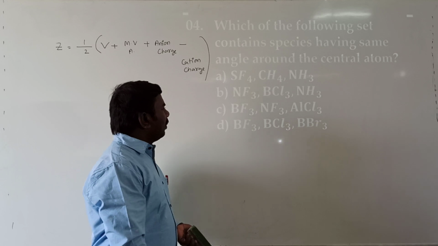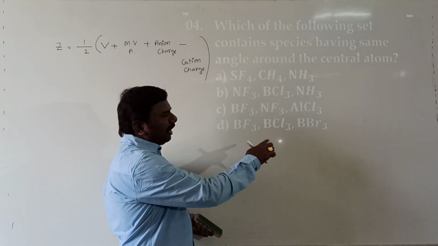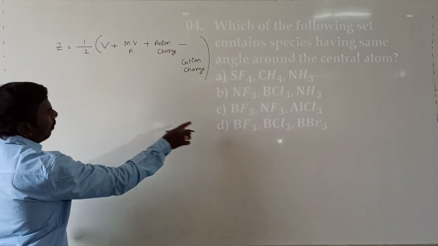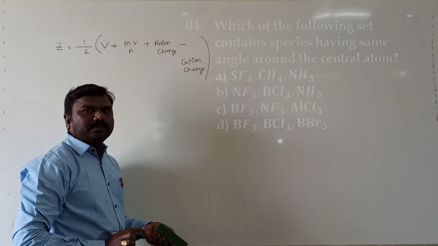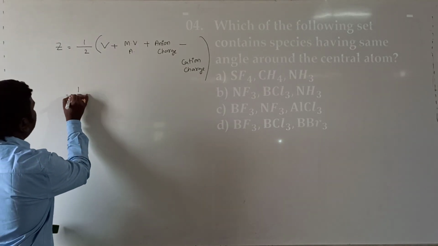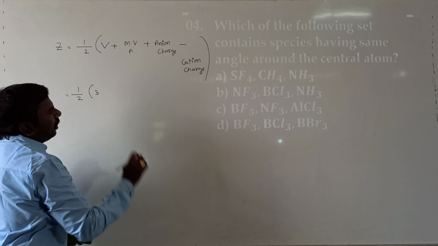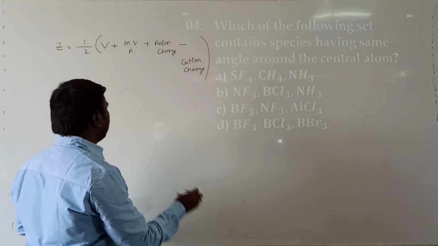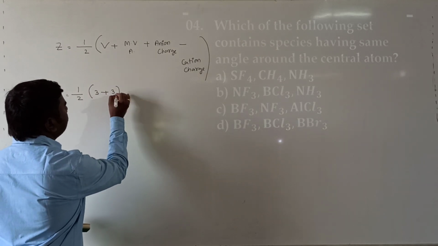Now I am verifying option D, the last option. BF3. Boron is the central atom. Valence electrons 3, that's why half into 3. Fluorine is a monovalent atom, totally 3 fluorines are there, plus 3.